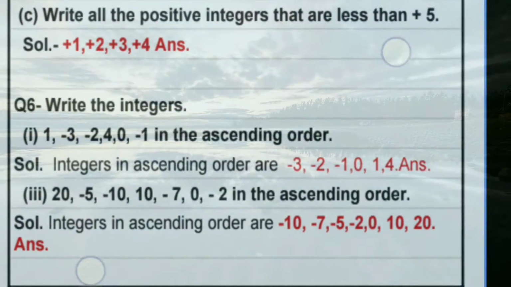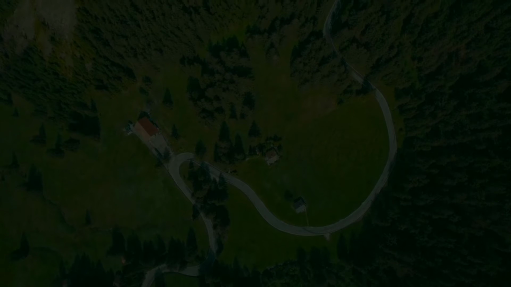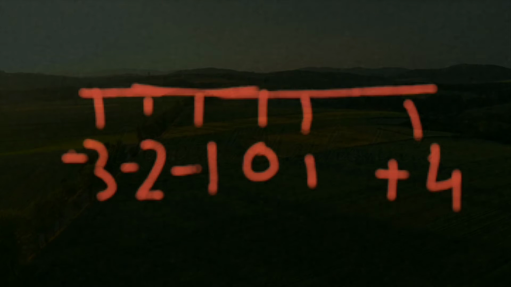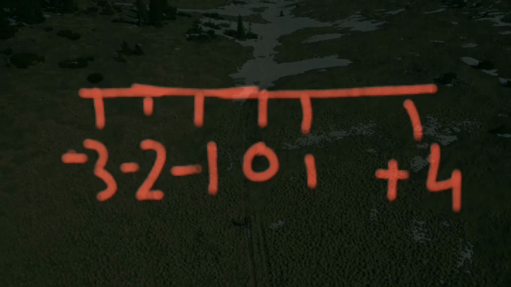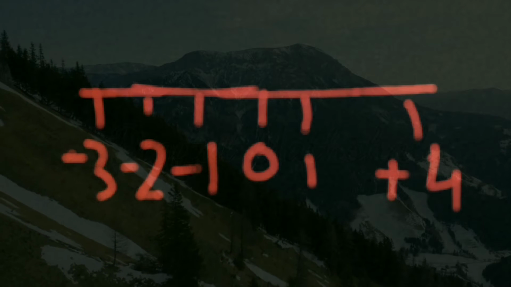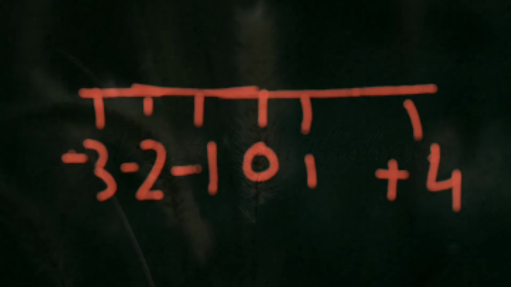Look here. Suppose we have a number line. So we will arrange in this manner only, as we get them on the number line. If he is saying ascending order, then for ascending we will write the smaller number first and the bigger number last.